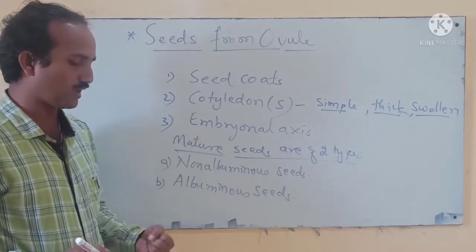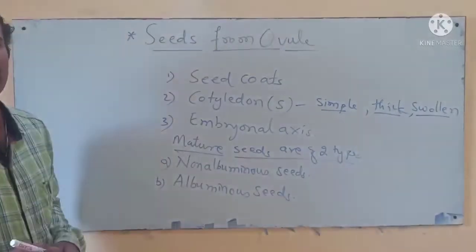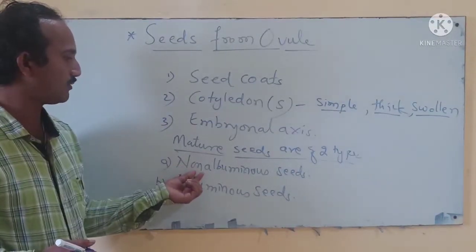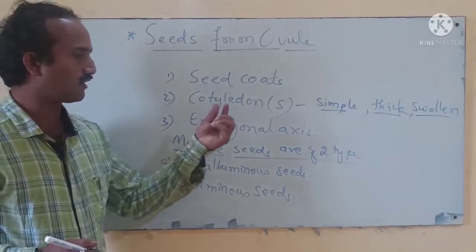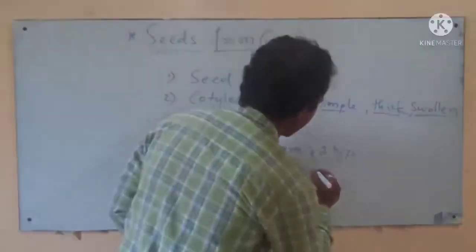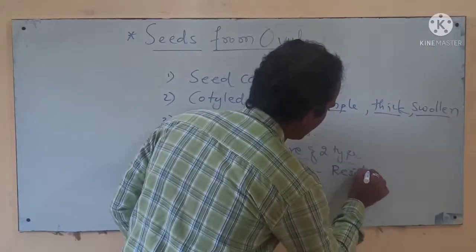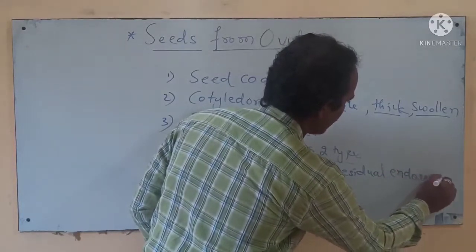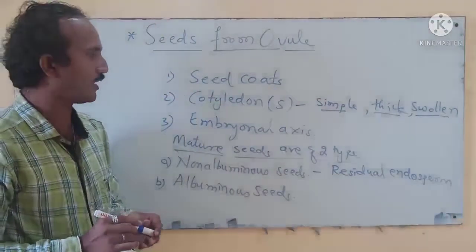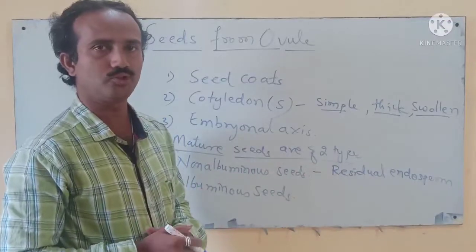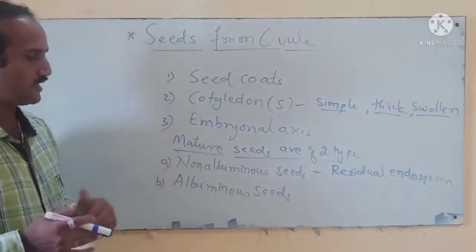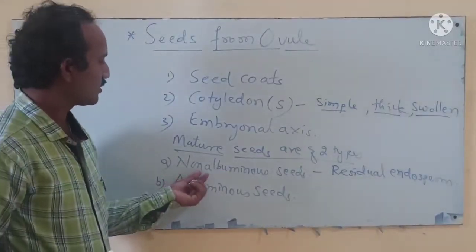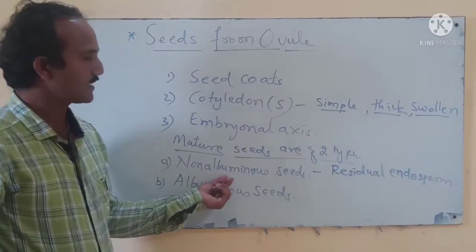The residual endosperm is completely consumed during the germination of seeds, or during embryo development.